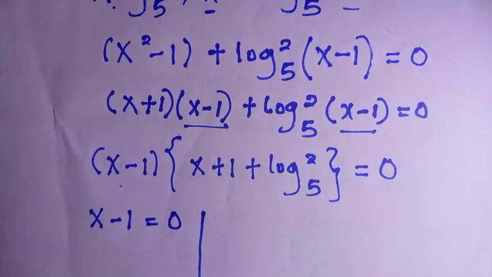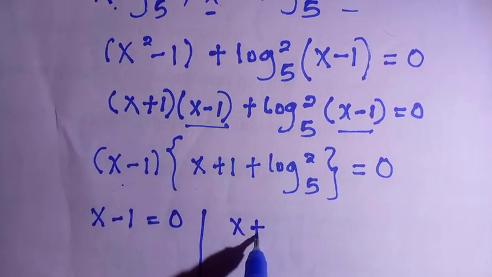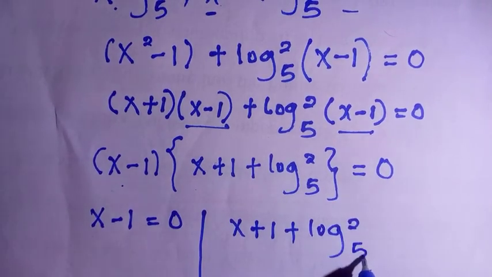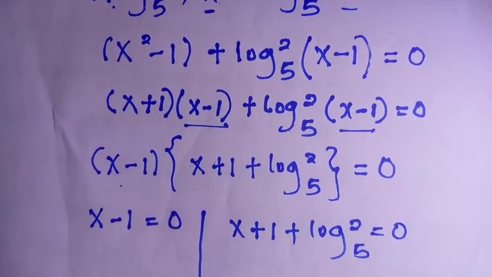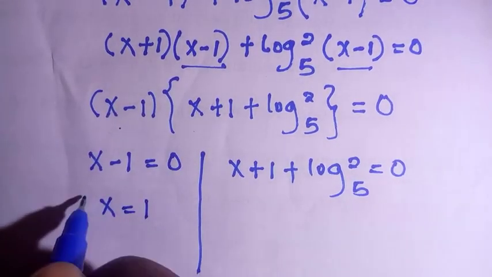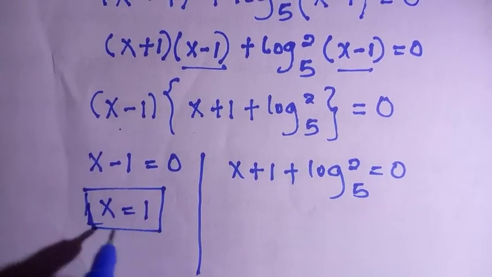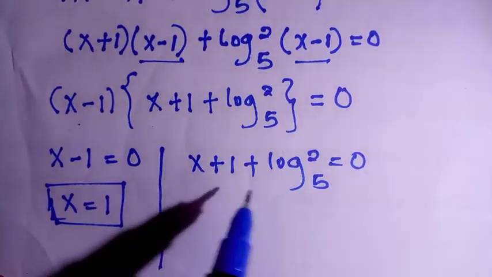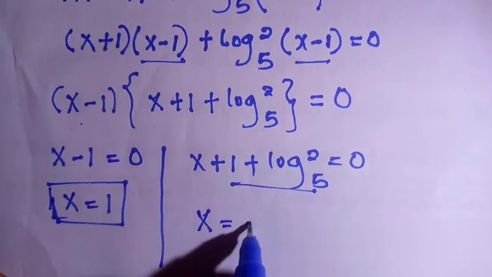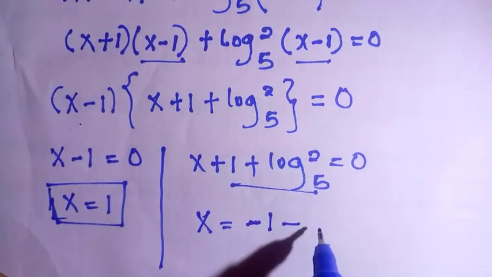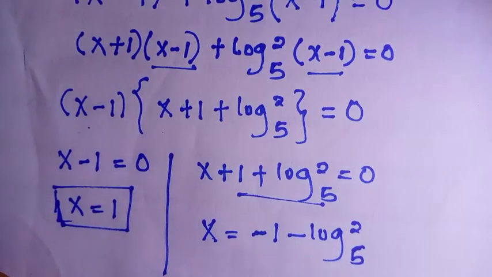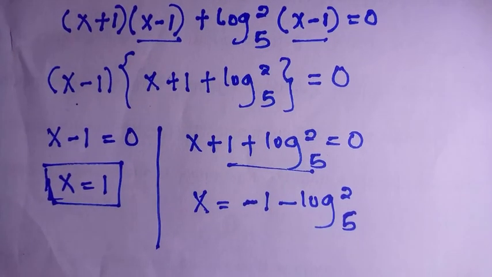So we have x minus 1 equals 0, or x plus 1 plus log 2 base 5 equals 0. Then x equals 1, as we got from the observation method. The second real root is x equals minus 1 minus logarithm of 2 base 5.